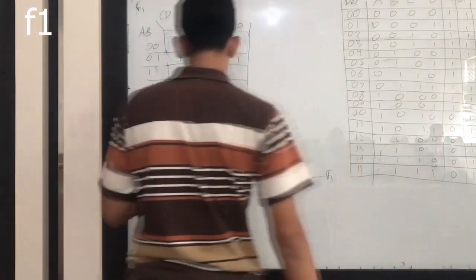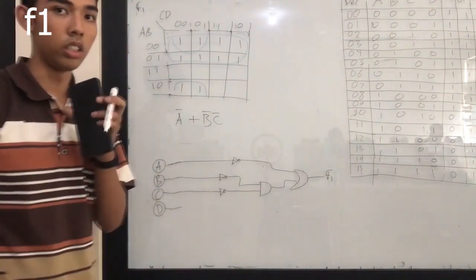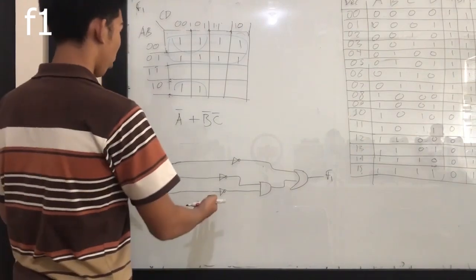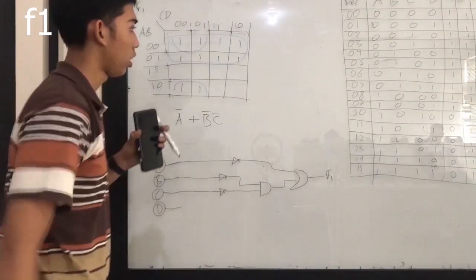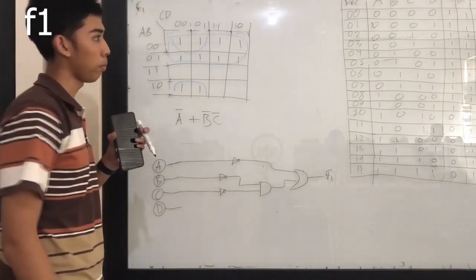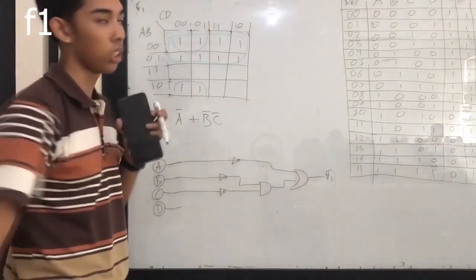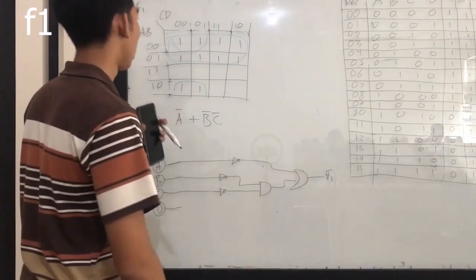Okay, this is the circuit for this simplified expression, which is from this kernel map, which is from that truth table. Okay, F1 is done.